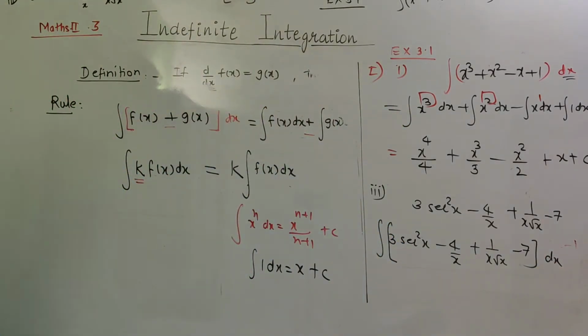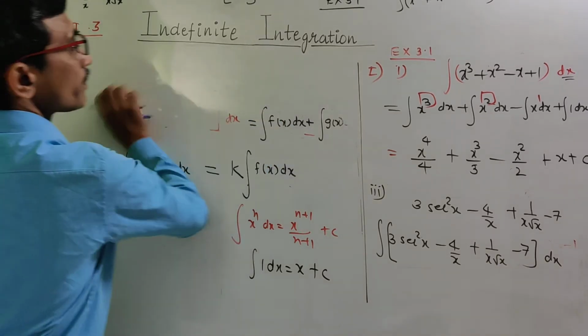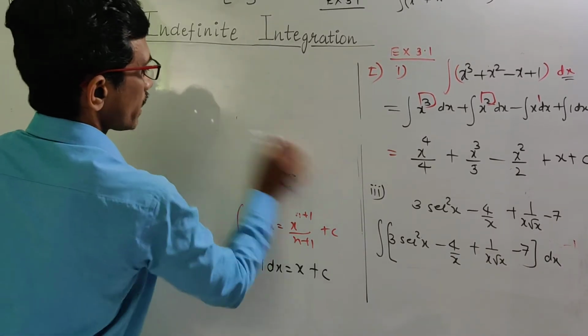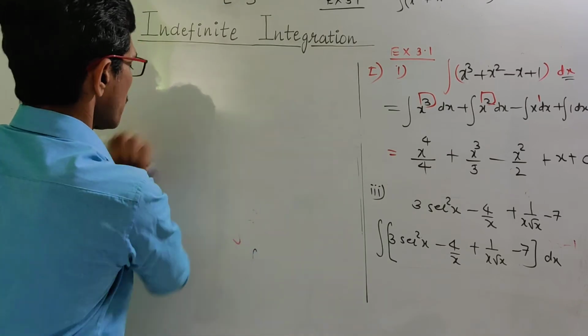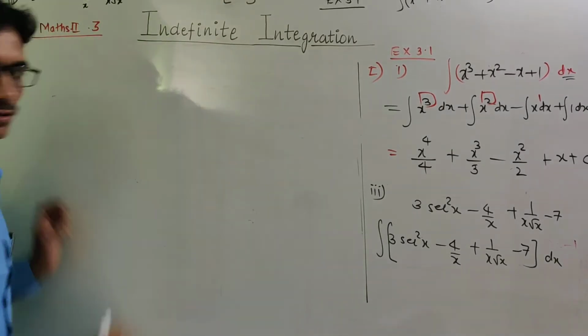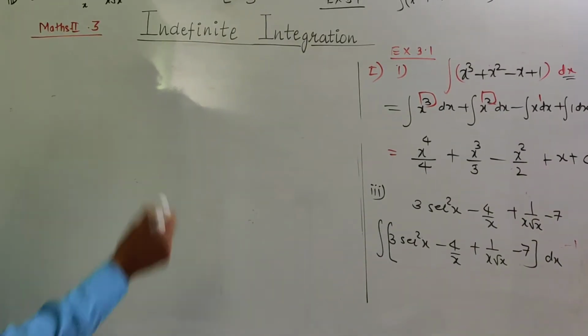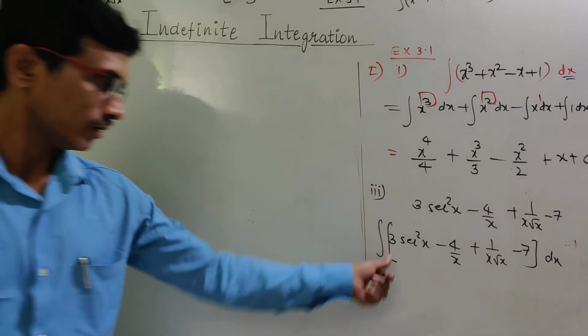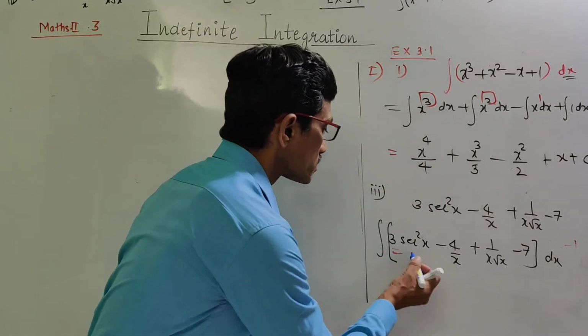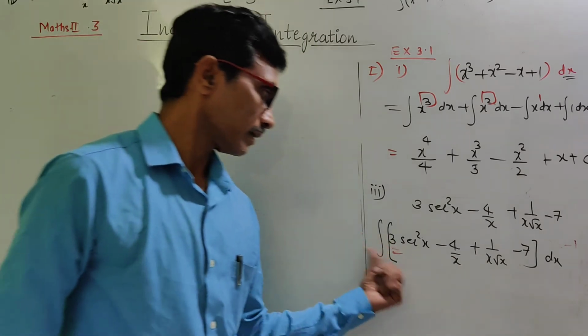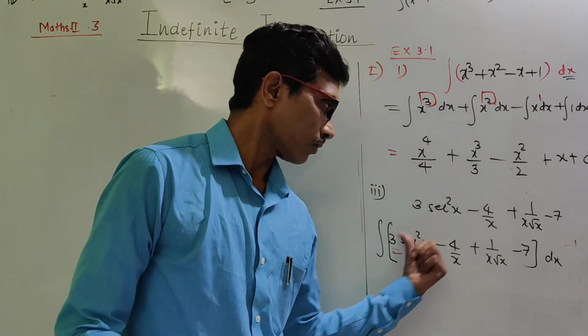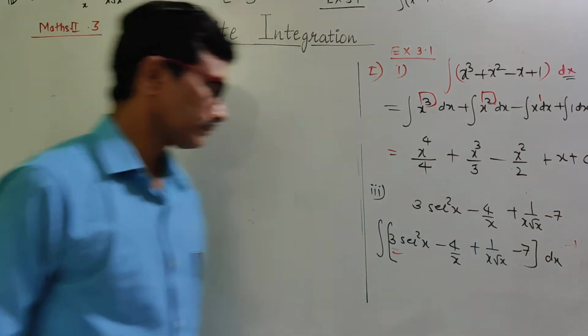If we separate it, we use that constant wherever constant is there. अगर constant है तो उसको integration के साइन के बाहर लिखना है आपको. जैसे 3 कांस्टेंट है, सो दिस 3 कांस्टेंट इंटीग्रेशन के साइन से बाहर ले आएंगे. 4 will be outside, 7 will be outside.